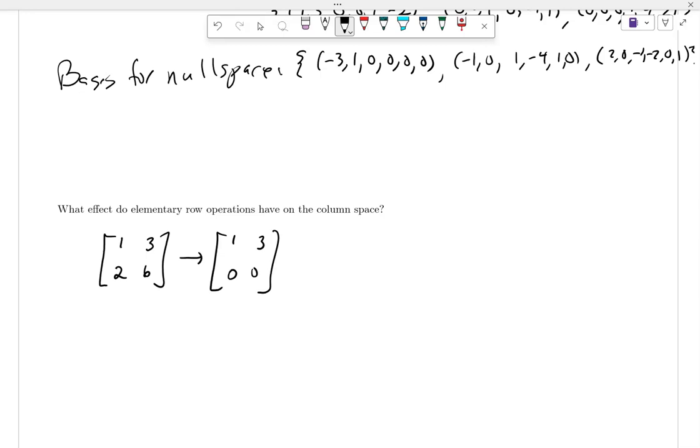Is the span of these two columns the same or different than the span of those two columns? And they're different, right? In particular, what can I never get in the second component when I take the span of this? Anything other than 0. Those are definitely different than 0, aren't they? So elementary row operations change the column space.